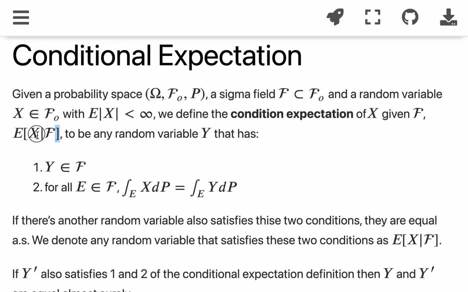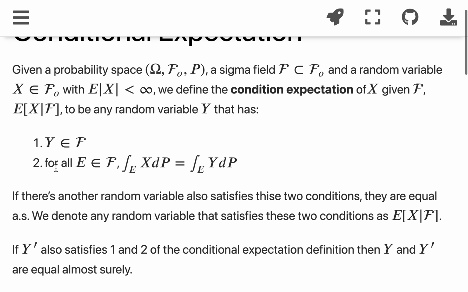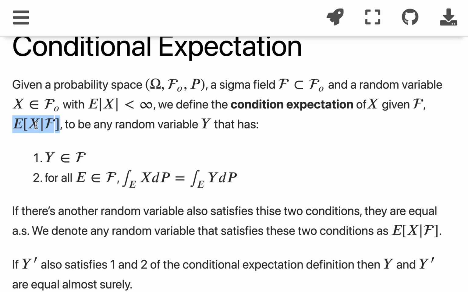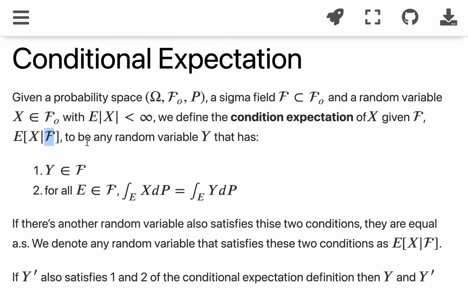So the conditional expectation is any random variable Y that satisfies these two conditions. First, this random variable Y is a projection of X onto the smaller sigma field F, which means that the conditional expectation is F measurable.